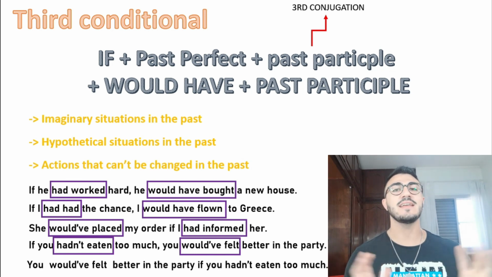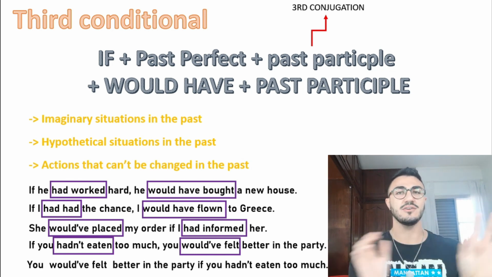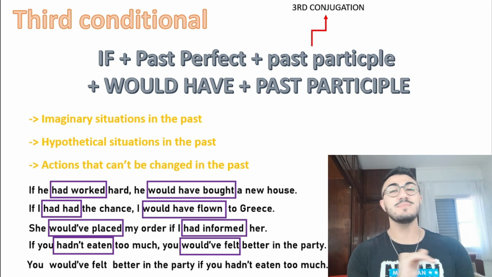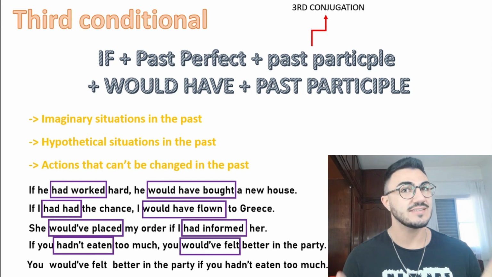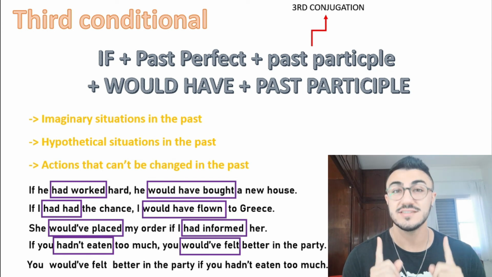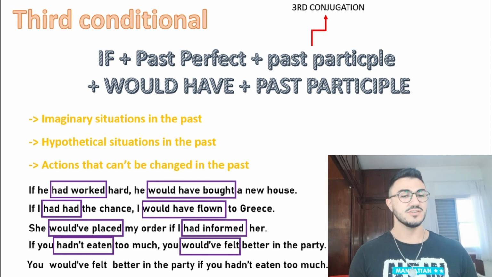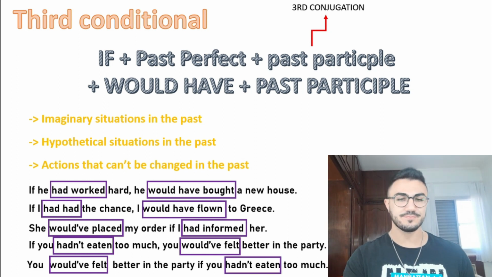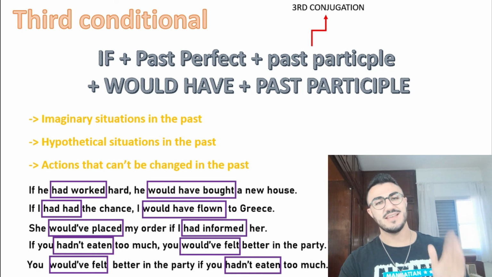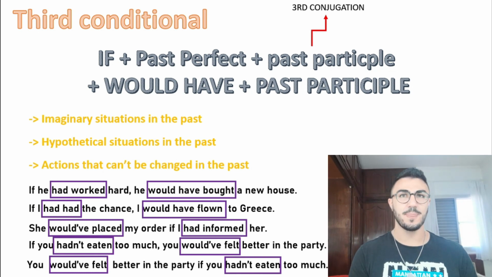Every time that I want to invert a sentence in conditionals, the meaning is going to be the same, as long as you respect the structure, the rule. It's important. So would have and past participle plus past perfect with past participle.